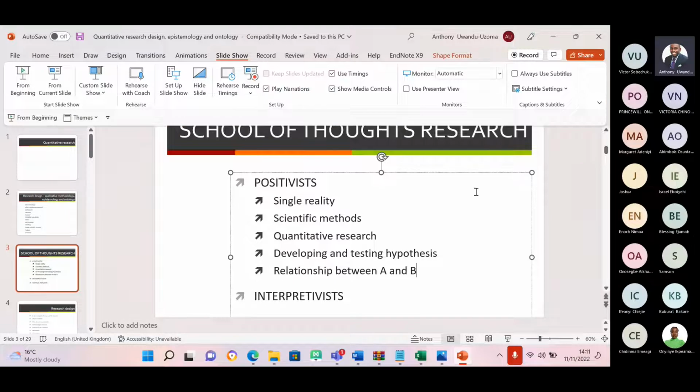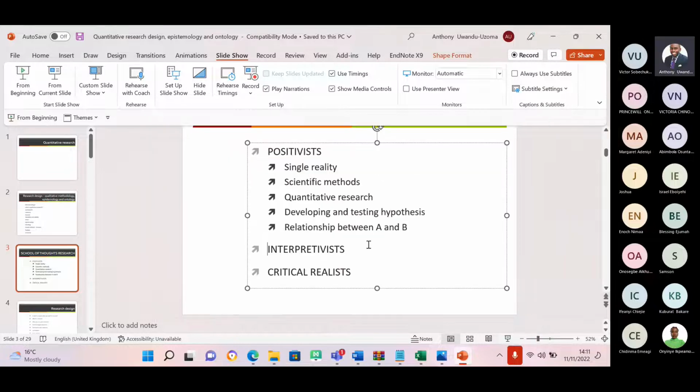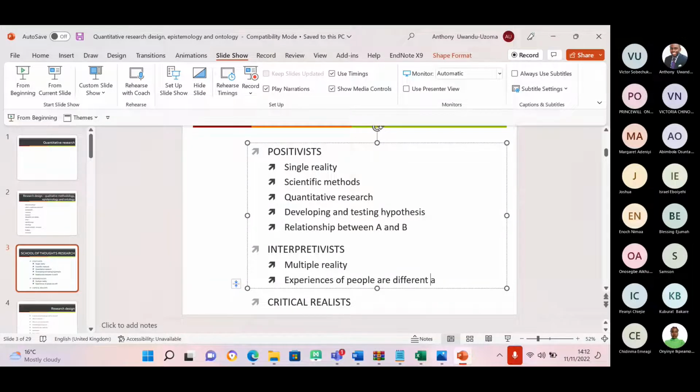Now for the interpretivists, they believe in multiple realities. That means there is no single reality, no single truth. They believe that experiences of people are different and subjective.